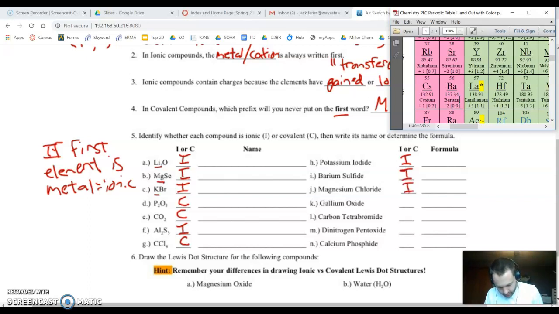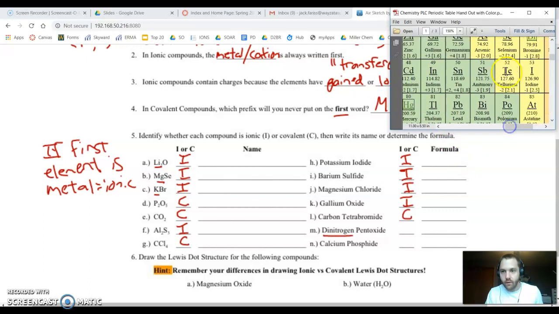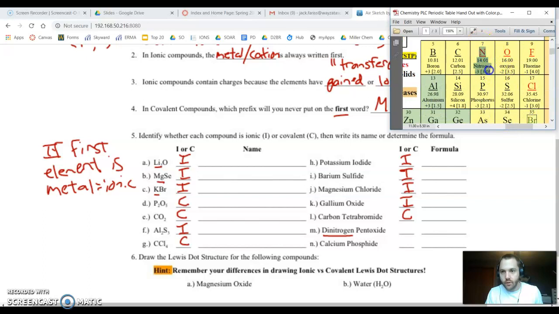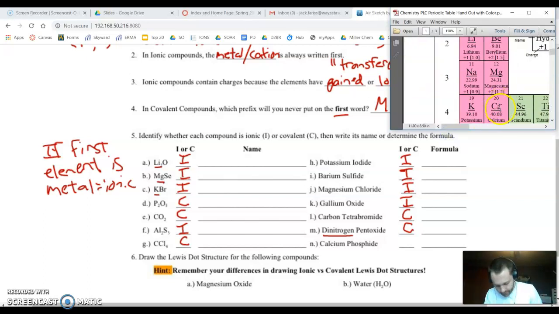Magnesium is metal, ionic. Gallium, ionic. Carbon tetrabromide, so covalent. Nitrogen, we haven't done yet, but we can see that nitrogen is a nonmetal, so that means that this is covalent. And then calcium phosphide, calcium is going to be a metal, so that is ionic.